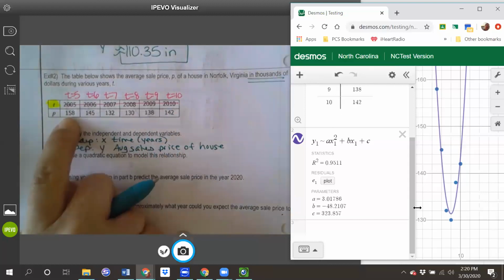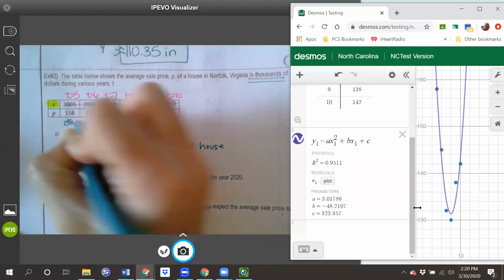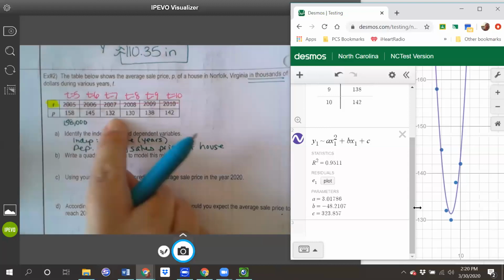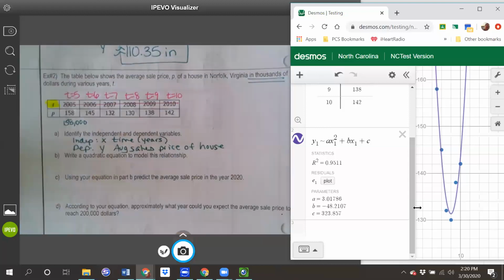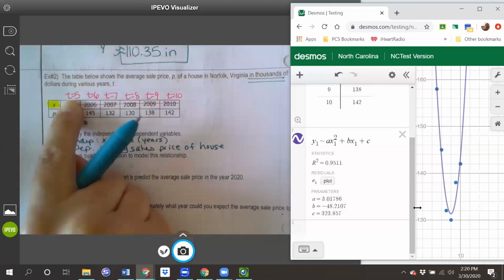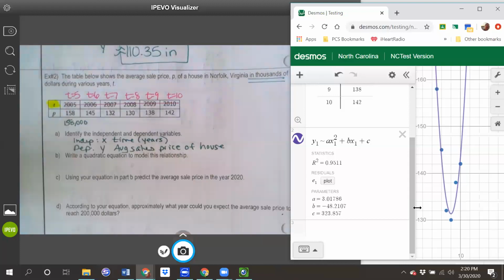So the house isn't $158, it's $158,000. Again, we're trying to make our numbers smaller, so we just have to keep that in mind. Time is in years, that's 2005, and then 158 is actually $158,000.